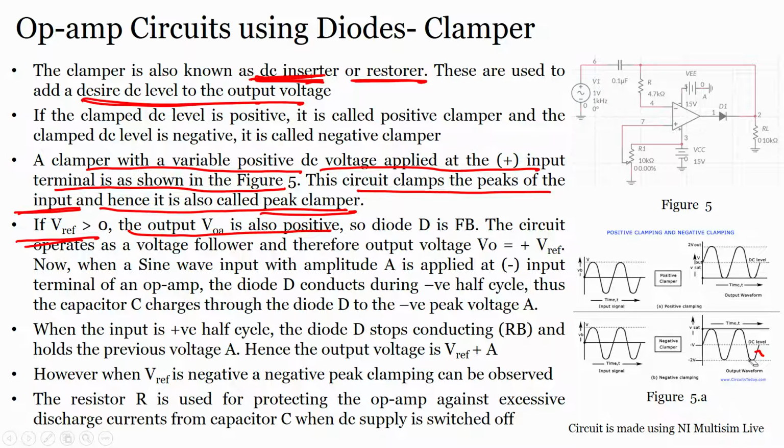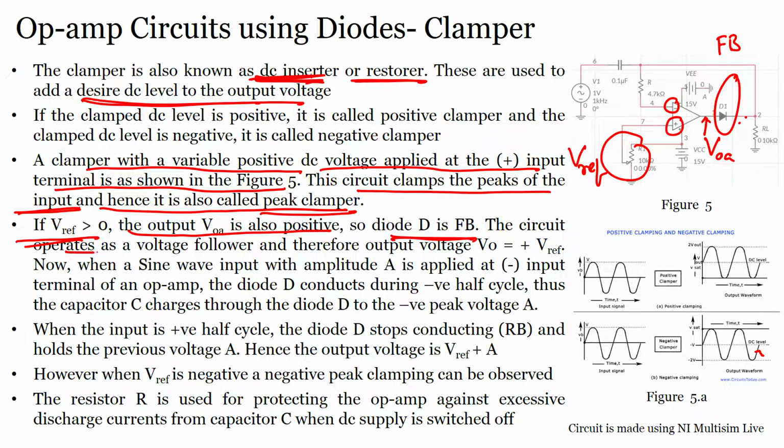So if the reference voltage across this potentiometer is greater than 0, the voltage here is positive, and so diode D is forward biased. Why? Because this is higher than the inverting input, so you have a higher voltage at the anode and a lower voltage at the cathode. That is why the diode becomes forward biased.